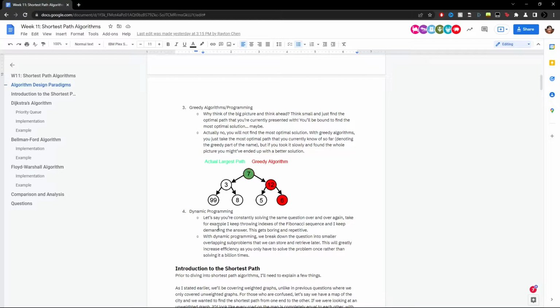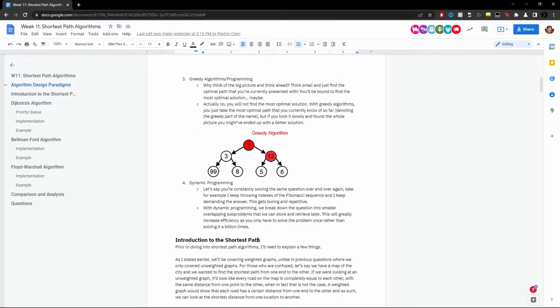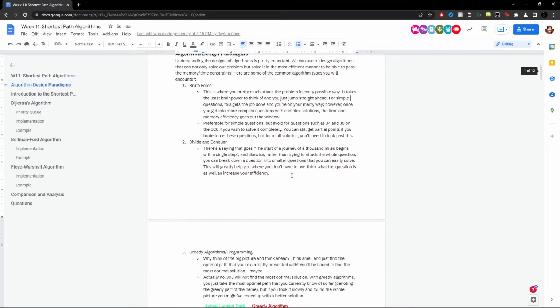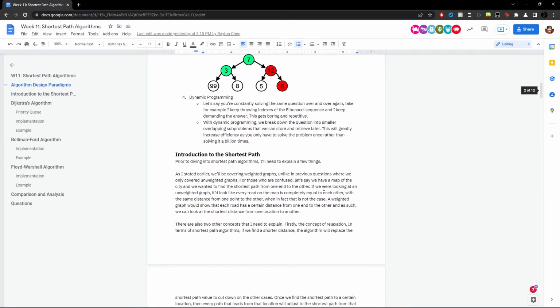If I give you fib at 10, since you already know fib at 5 and fib at 6, you can easily solve everything. Why do I do it a billion times? All right, and that's the idea of dynamic programming. And those are the algorithm design paradigms that we're looking at.